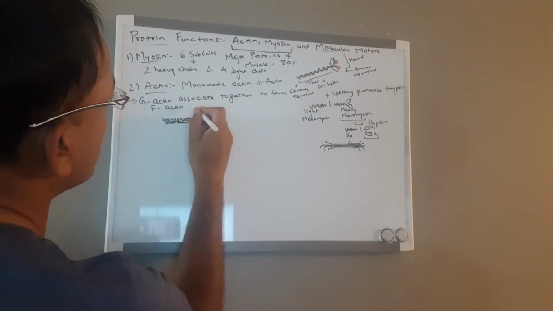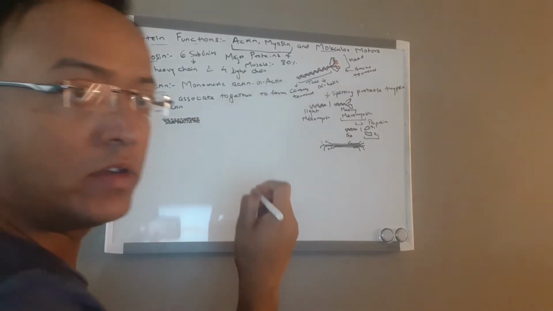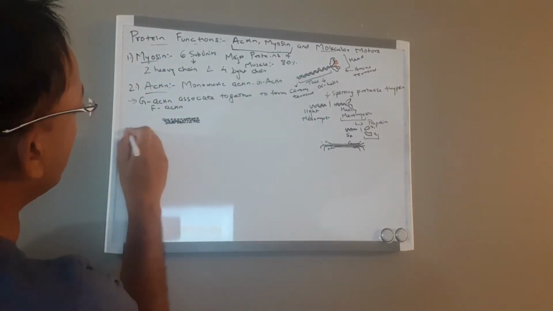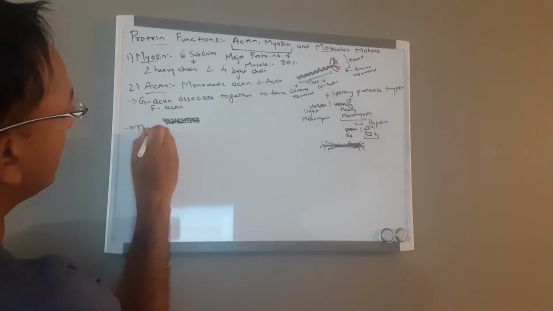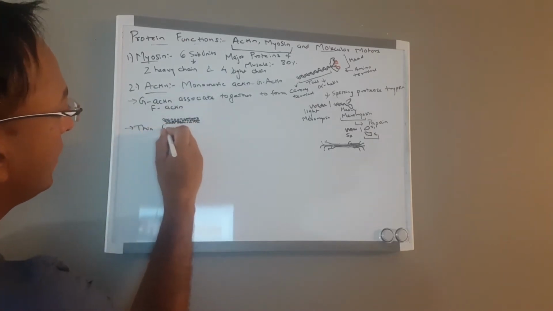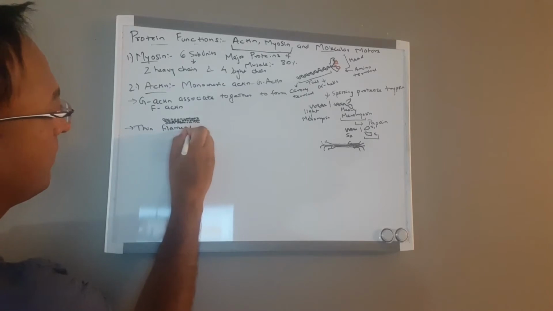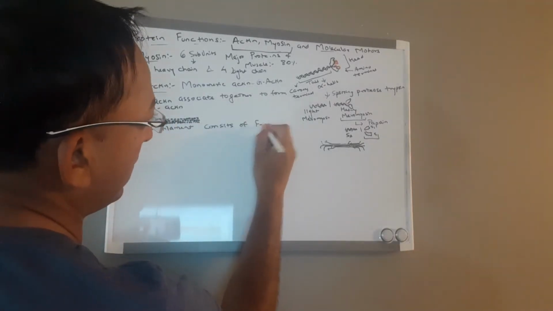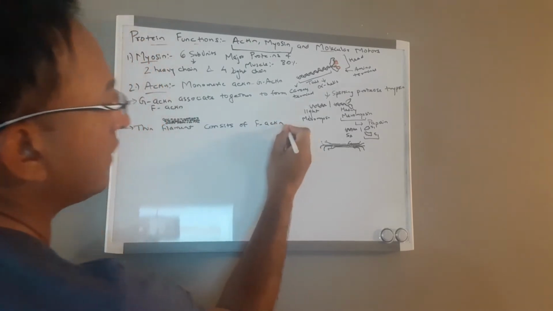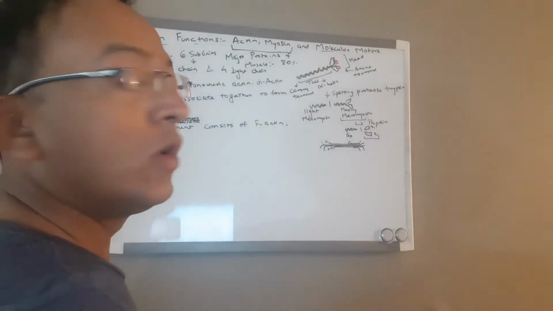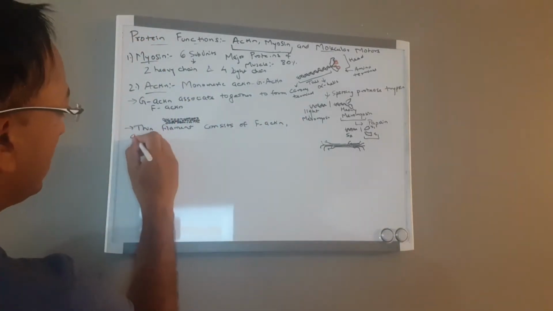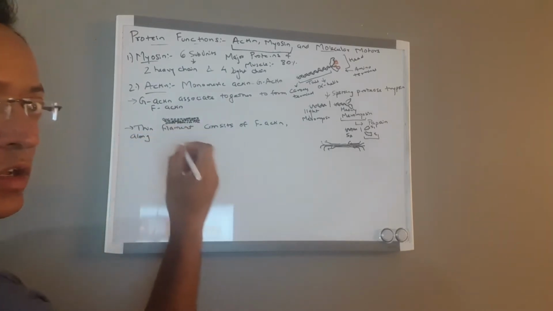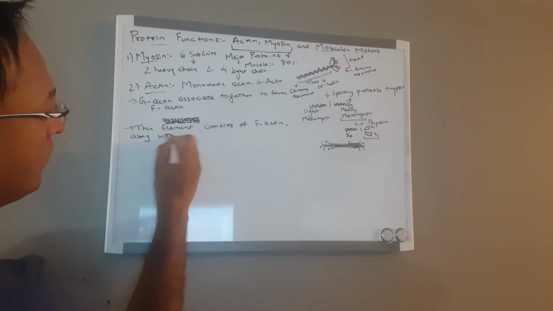So I will write down here. The thin actin filament: the thin filament consists of F-actin along with proteins.